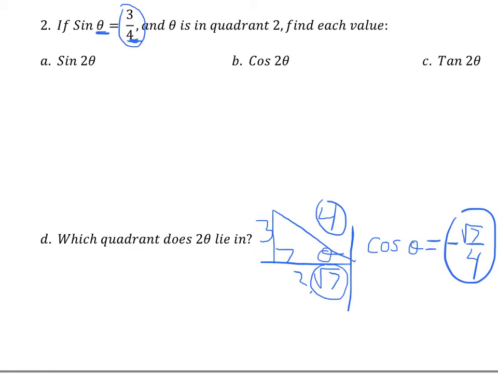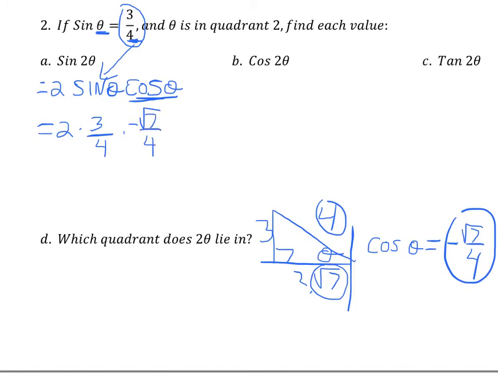So for A, if you want to find the double angle, then I use the formula, which you should already have down: 2 times sine of theta times cosine of theta. We know these values. So this 3/4 I plug in here, and negative root 7 over 4 I plug in here. So this equals 2 times 3/4 times negative root 7 over 4.